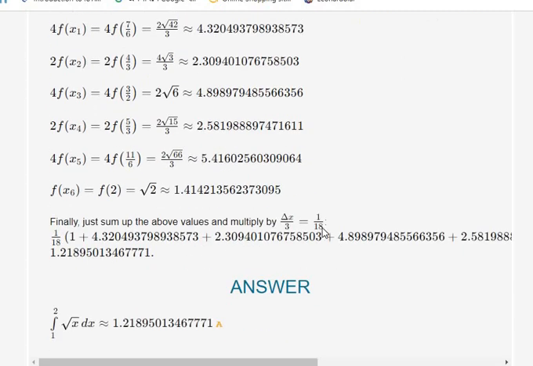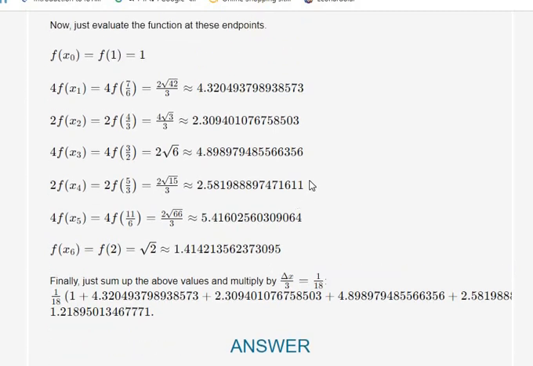h by 3 multiplied with 4 times the odd function values. Just multiply this thing. Here this will be multiplied with 4, this is multiplied with 4, these are the odd function values, whereas the evens are multiplied with 2.